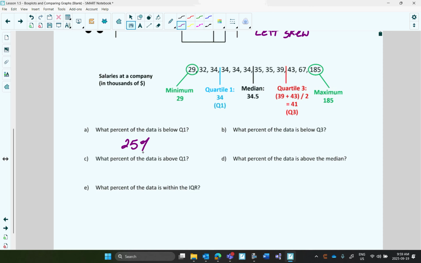What percent, be careful with this, is below Q3? 75%. Because 25% is above, which means 75% must be below. What percent of the data is above Q1? 75% again.